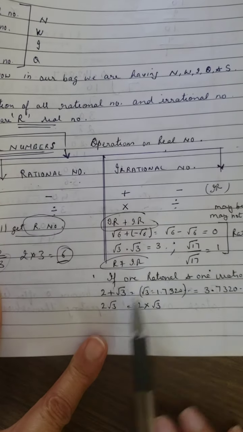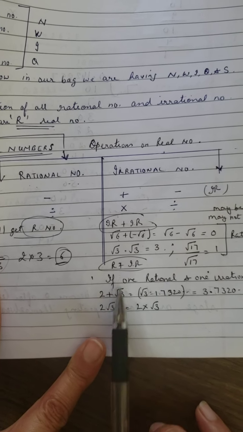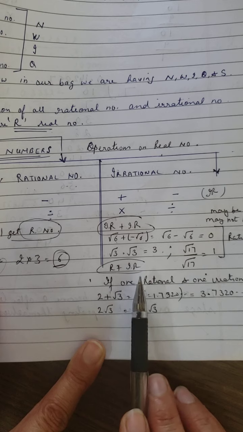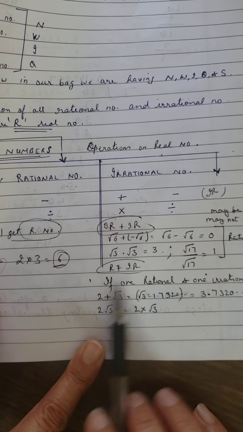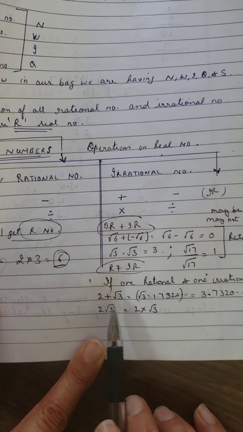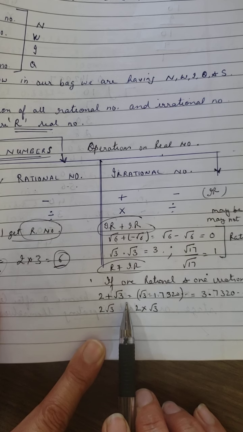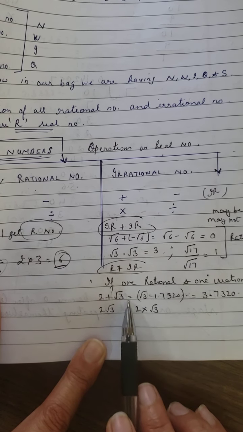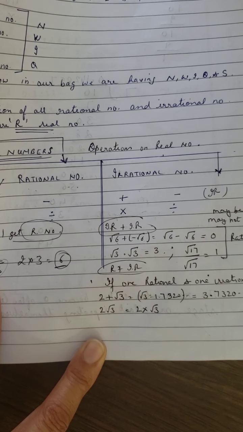Fine. So let's try out this question. If we add a rational plus an irrational, now what? Now we are adding 2 plus root 3. So how are we going to solve it? Under root 3 is an irrational number. Under root 3 is 1.7320.